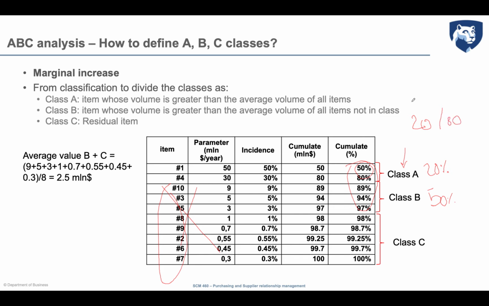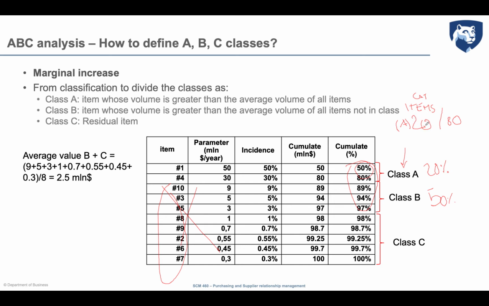20-80 because you are analyzing some items, in your case categories, and the 20% of your Class A items, so the first percentage refers to the Class A items. So your Class A items make 20% of the total.